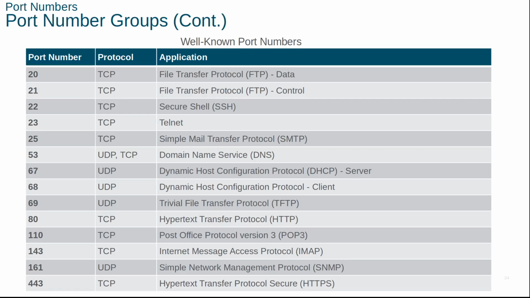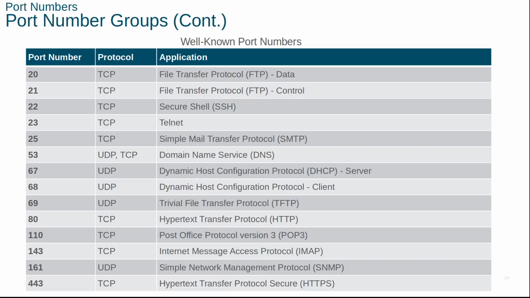Port 25, that's SMTP, Simple Mail Transfer Protocol. It's for email. Port 53 is DNS. Note that 53, unlike the rest of them, which are all TCP to this point, uses UDP or TCP. It could be both. DHCP uses ports 68 and 67. UDP 69 is TFTP.